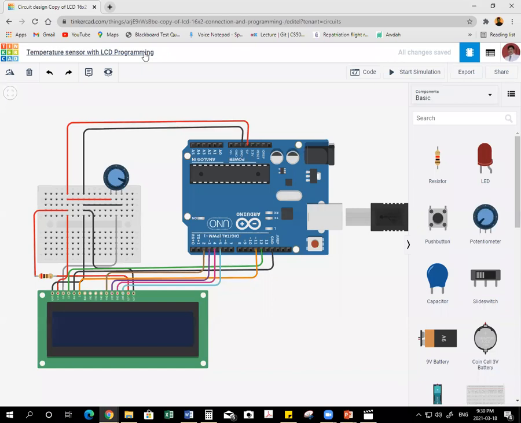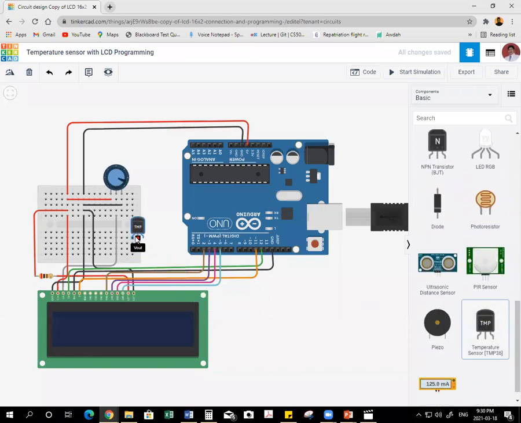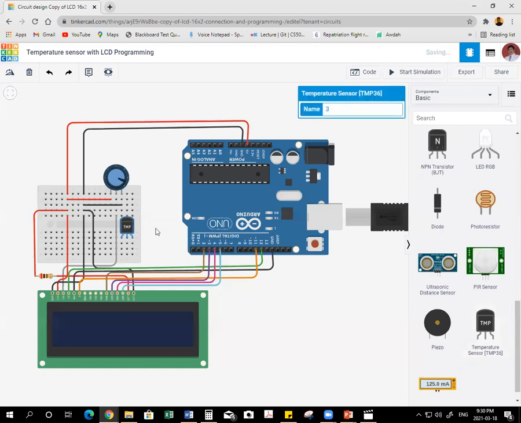Bear with me. Here I have to connect only the temperature sensor. Here I will take this temperature sensor and connect it here so that it will be easy to understand. Okay, 5-volt supply. I will take this 5 volts.